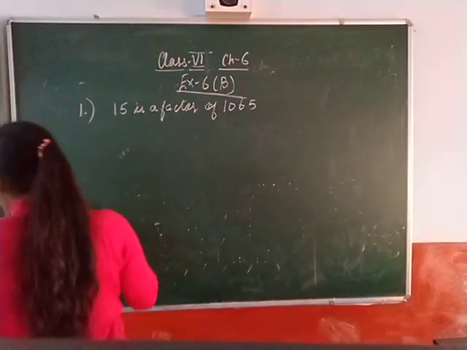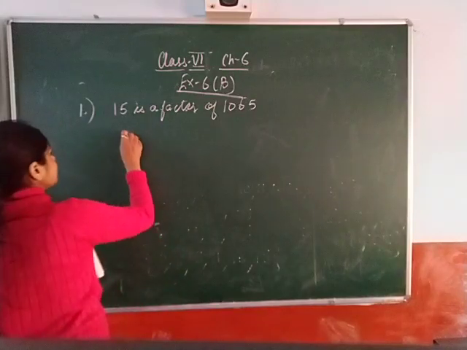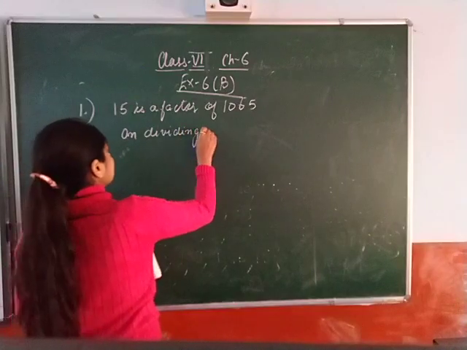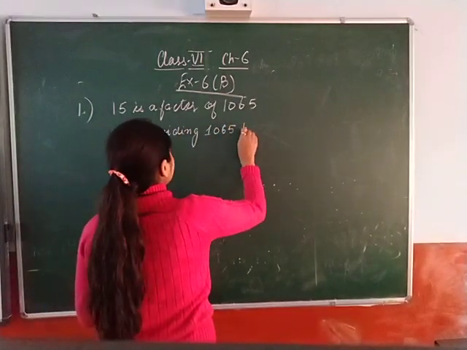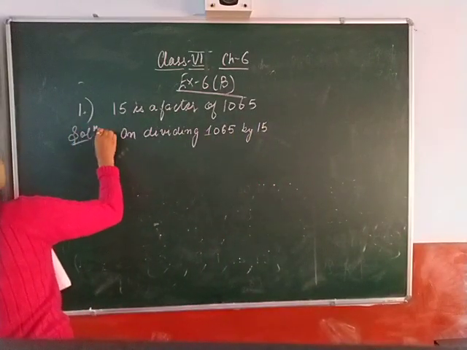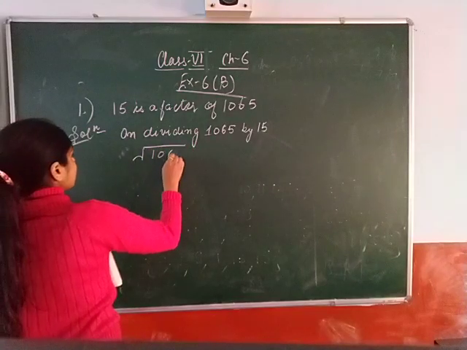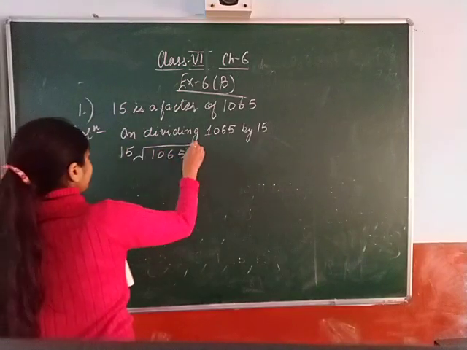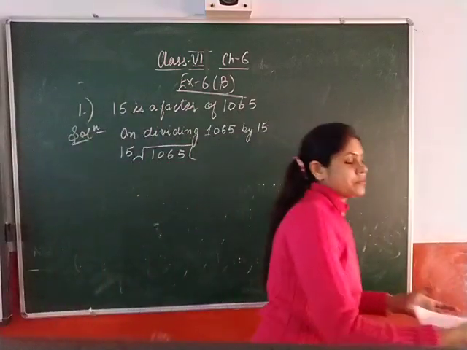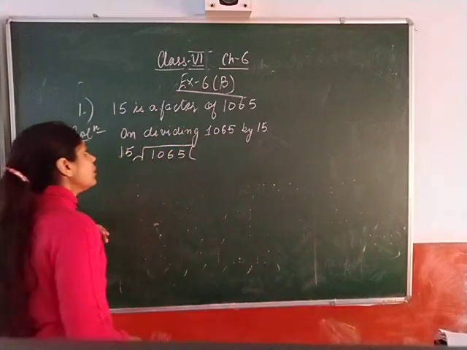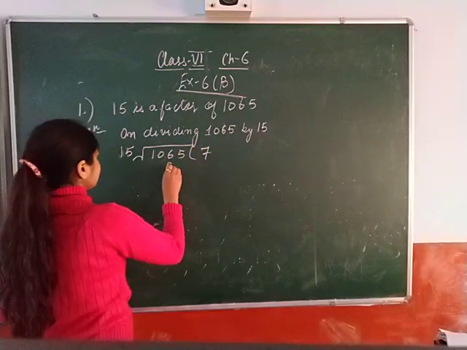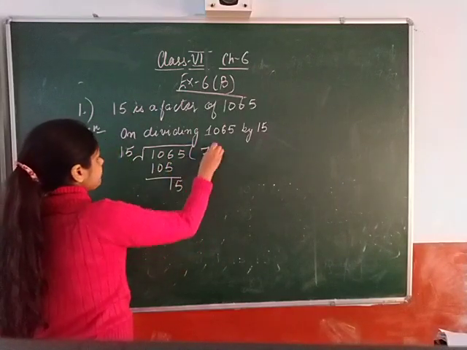Now, let us do this. On dividing 1065 by 15. 15 sevens are 105. 15 ones are 15.